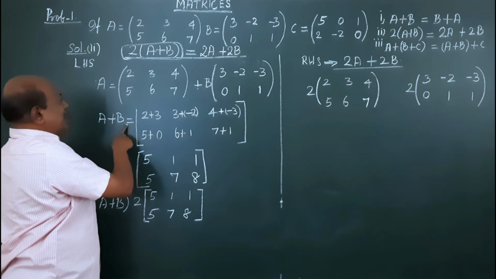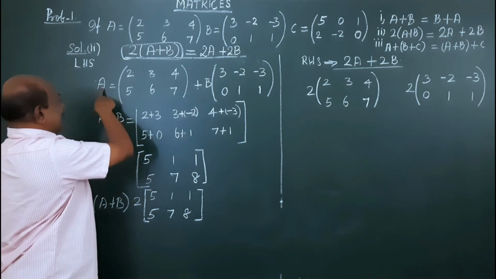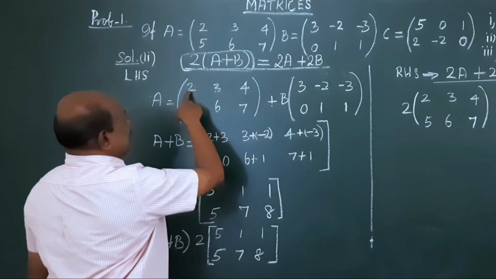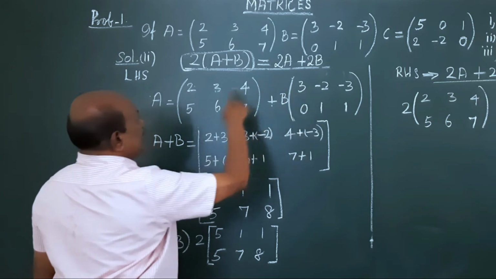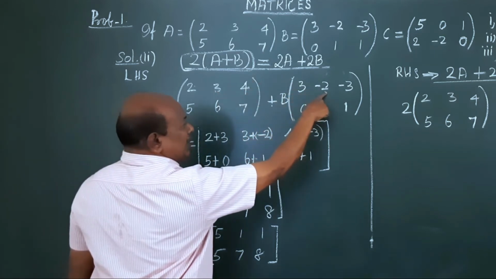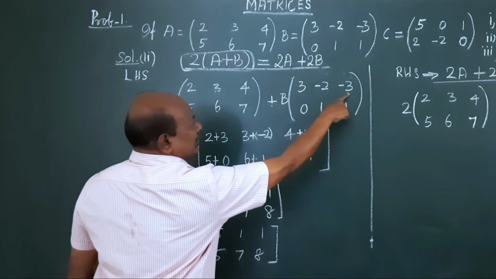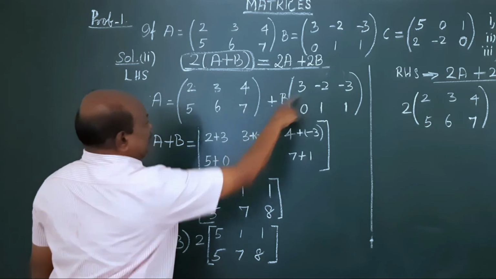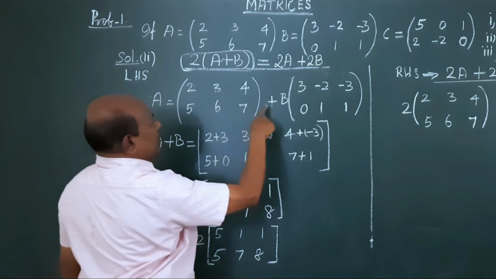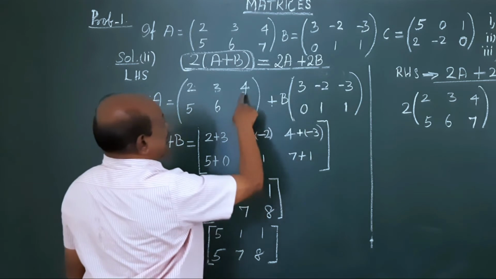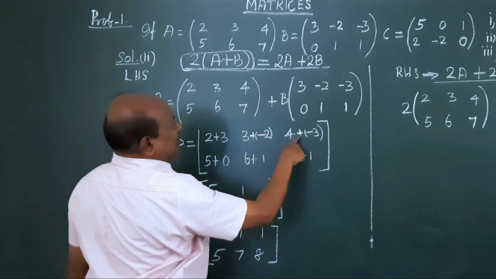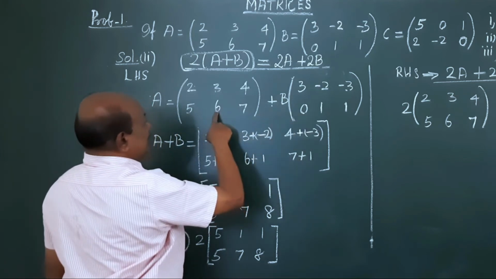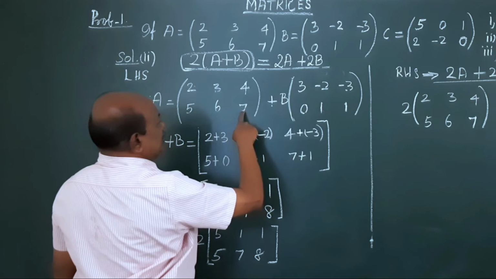So A plus B means A matrix elements added with the B matrix corresponding elements. That is 2 added with 3, 3 added with minus 2, 4 added with the minus 3, like that. Here 2 plus 3, 3 plus minus 2, 4 plus minus 3, like that. 5 plus 0, 6 plus 1, 7 plus 1.